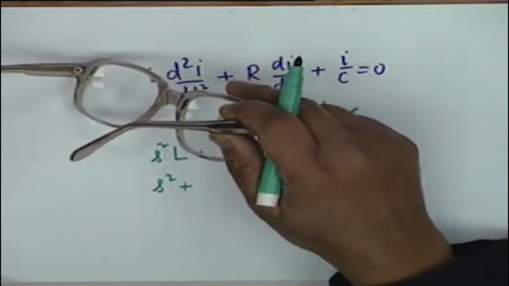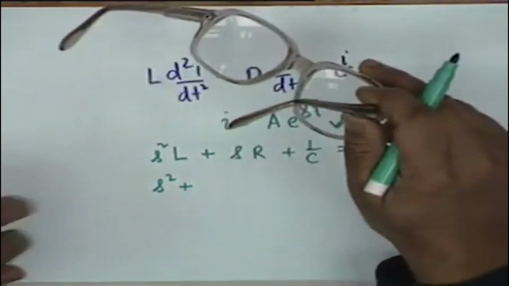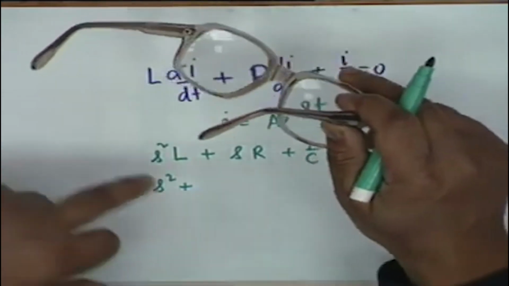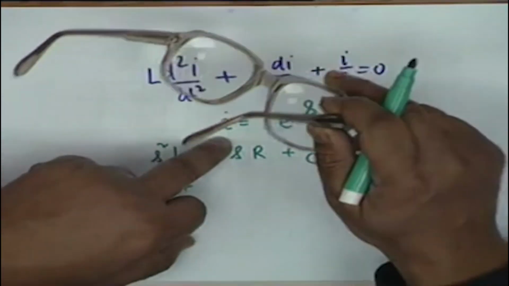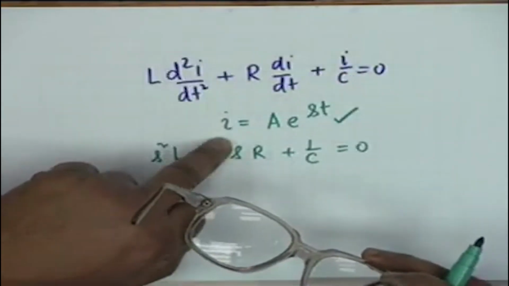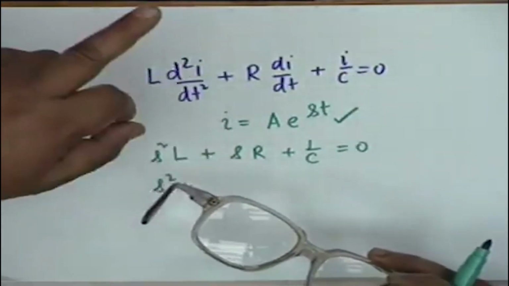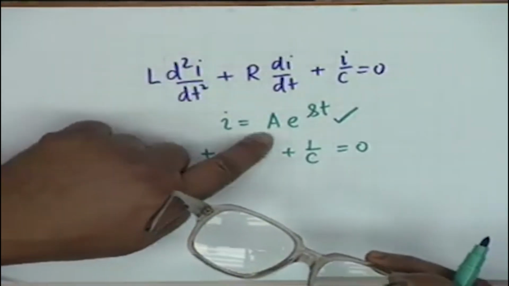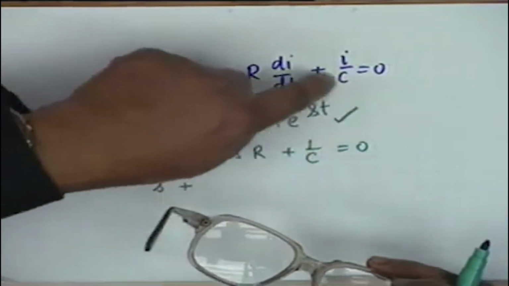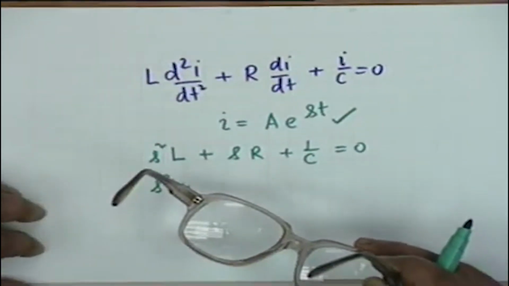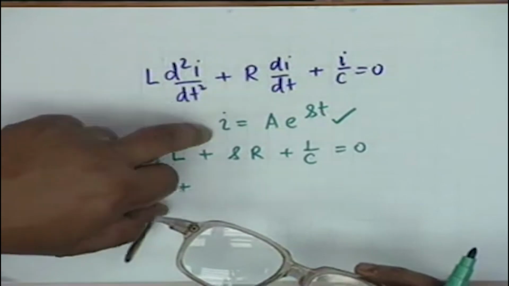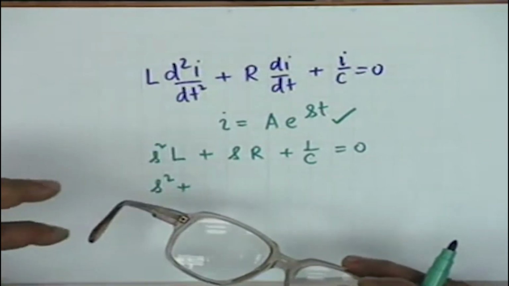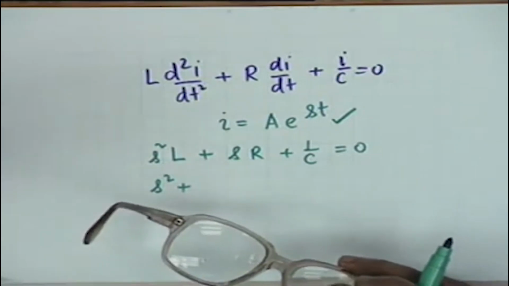We know the solution has to be of the form A e to the st. Here, obviously, since it's a second order circuit, the solution must be more complicated than A e to the st, because at t equal to 0, as you rightly pointed out, since I of 0 plus is equal to 0, A has to be identically equal to 0. So this cannot qualify as the total solution. But does this qualify as a form of the solution? This is what we wish to find out, and the physical situation will immediately bring in the total solution.